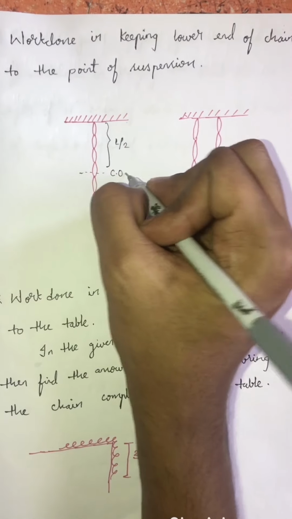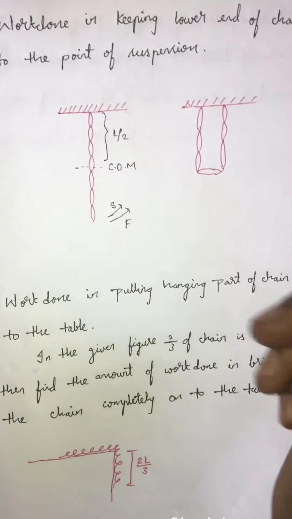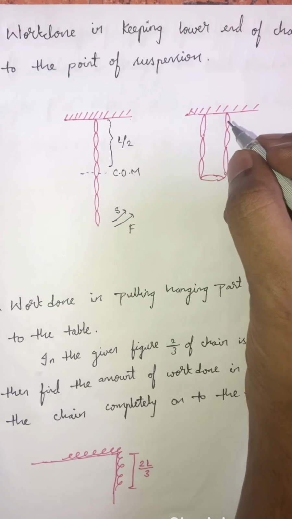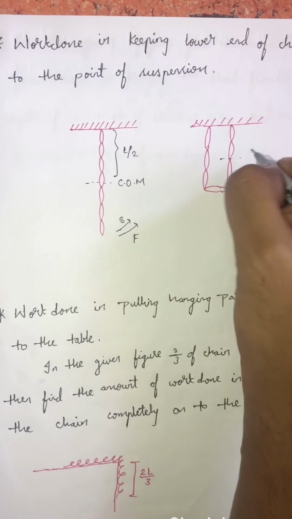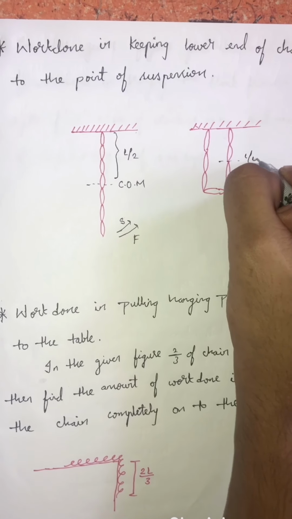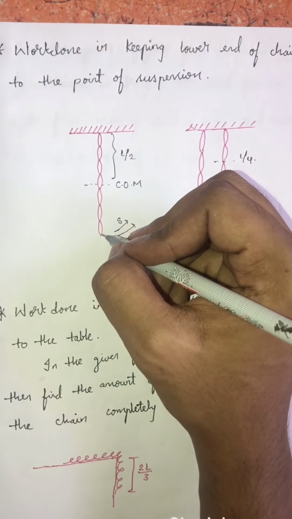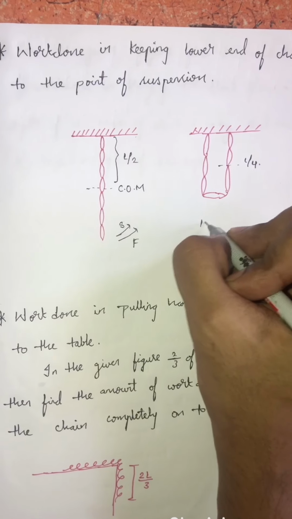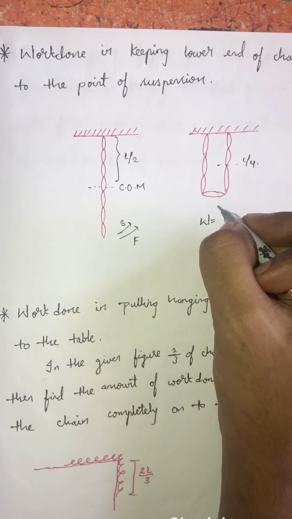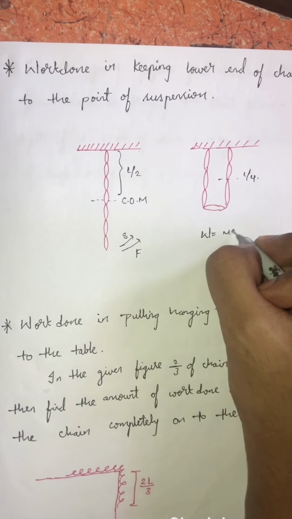Later, when the free end of the chain is attached to the point of suspension, the center of mass will become half of L/2, that is L/4. So work done in bringing the lower end of the chain to the point of suspension will be equal to mg L/4, where the value of h is equal to L/4.